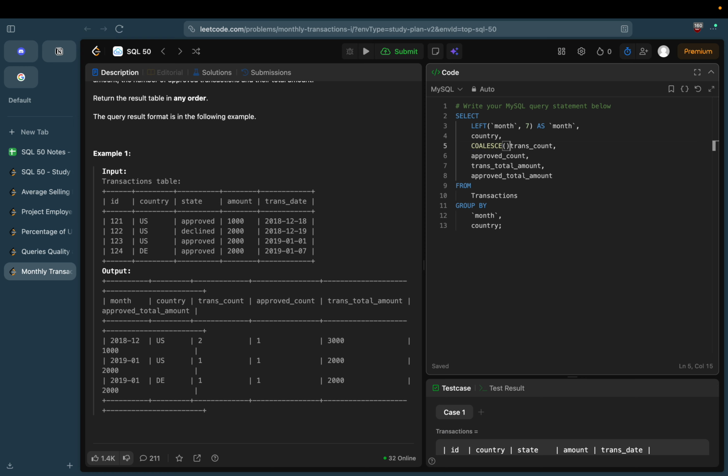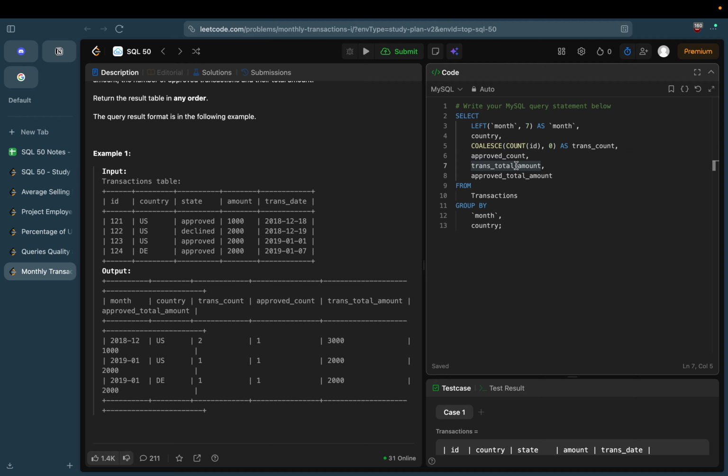Just in case anything gets messed up, we give it a coalesce of 0. We simply need to count the number of IDs in a particular month and country, so I can use the count function and count the IDs. ID is the column. This will give us the count of transactions without any condition.